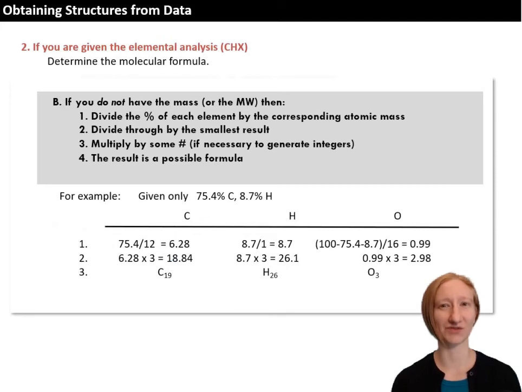Assume oxygen is the remainder of the mass, and then divide through by 16. This gives us 6.28, 8.7, and 0.99. Because these aren't integer values, we'll multiply through by 3 in this case to arrive at integer values, giving us a formula of C19H26O3. Then with our formula, we return to step 1 and determine the unsaturation number.